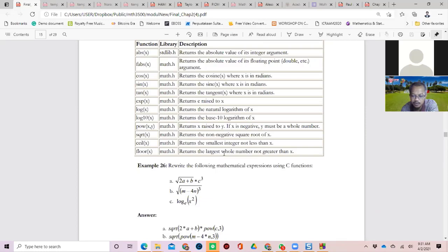The largest whole number not greater than it is 2. Why not take 1? Because the largest is 2, and 1 is not the largest. That is the concept, so you must understand it. Don't confuse these two, ceil and floor.